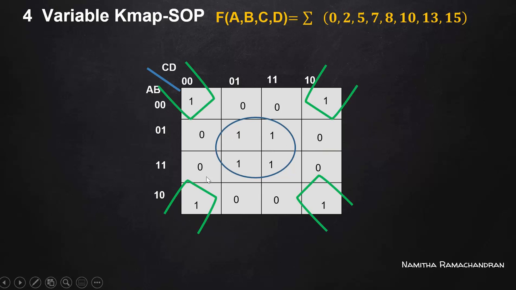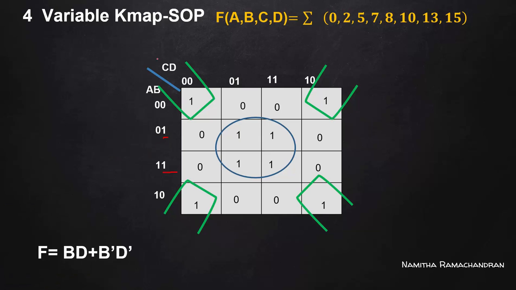Another group combines the 4 corner cells together to form another group with 4 cells. So its minimized representation is for this particular group. Which one is common? A is 0 here and 1 here, so A is not common. But B with value 1 here and B with value 1 here, so B is common with value 1.